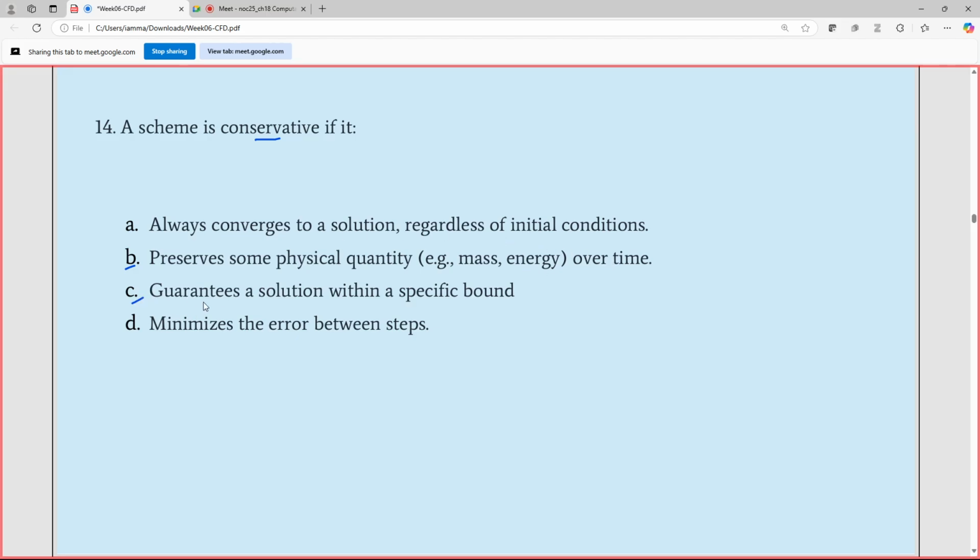Option C, guarantees a solution within specific bound. Option D, minimizes the error between steps. So, which among the following is best suited for conservative property? What's the explanation of conservative property among the options? You can try to answer the question.